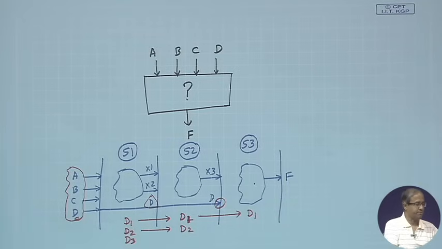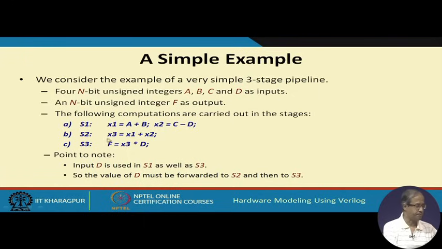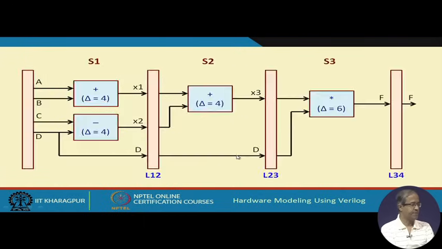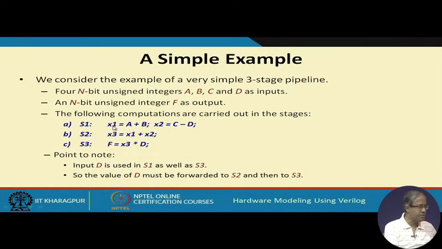So, here we have an example to illustrate diagrammatically. So, this is the computation that we want to do. Okay? Fine. So, this is the pipeline diagram that we are just assuming. You see, in the first stage, as I said, we are doing two calculations: A plus B goes to x1, C minus D goes to x2.